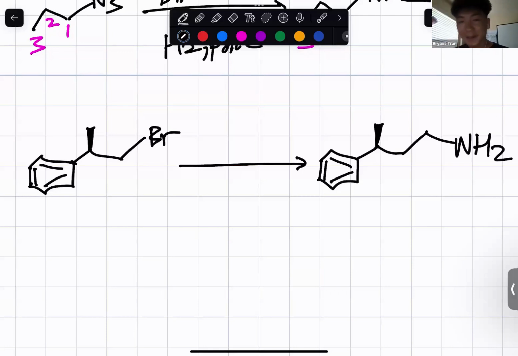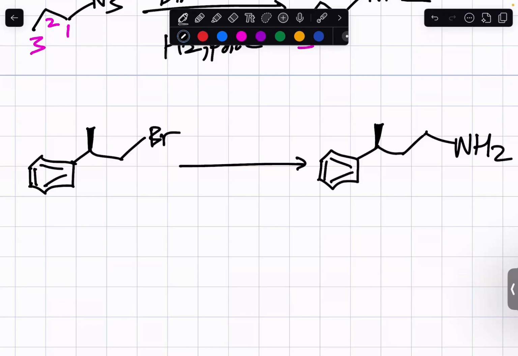Tell me your thought process, what you're thinking, and how you would approach it. You could go two ways. You could go forward or backward: retrosynthesis or forward synthesis.